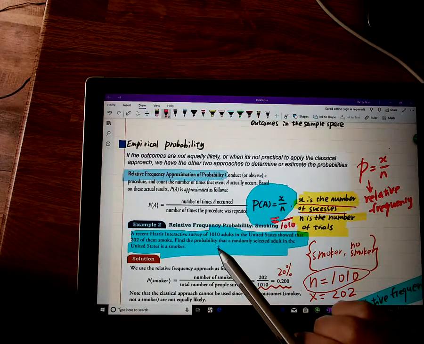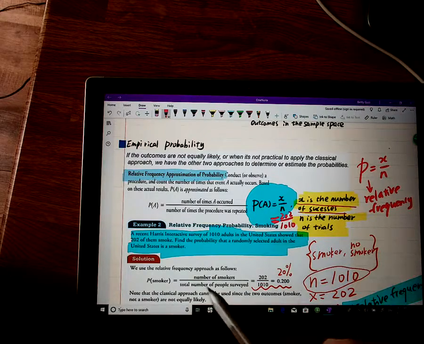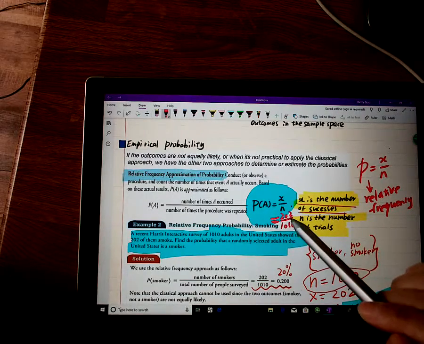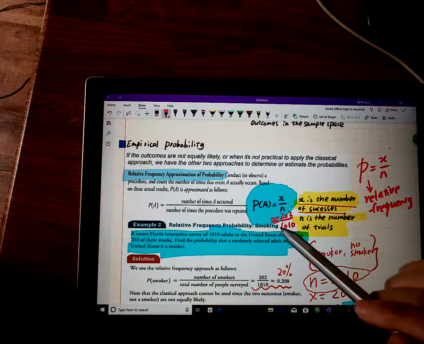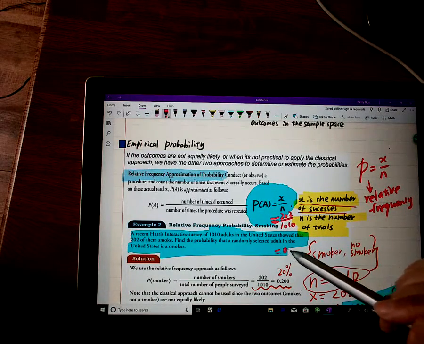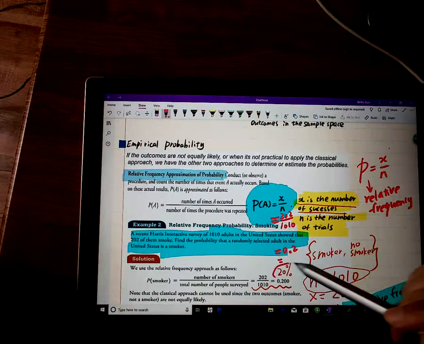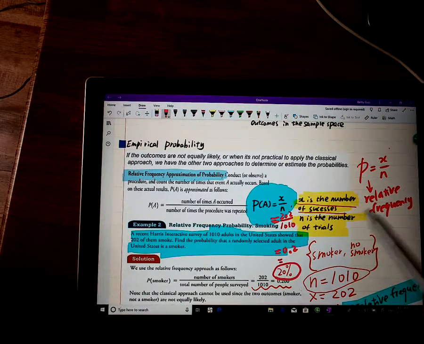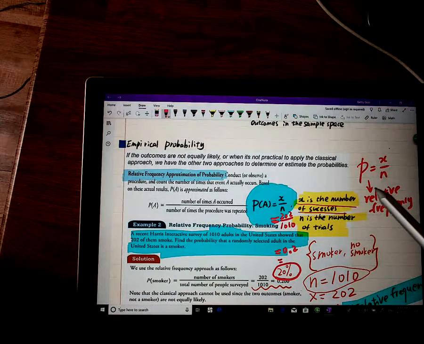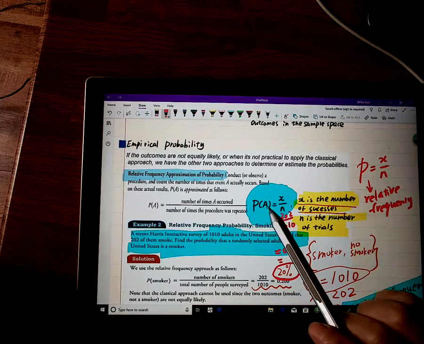In your sample, there are 202 smokers, so 202 goes on the top. You compute this fraction and convert it, and you would have 0.2, or 20%. The sample proportion here is used as an approximation or estimation for the actual value of the probability.